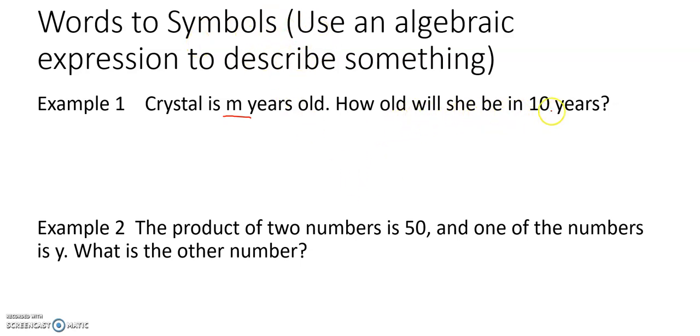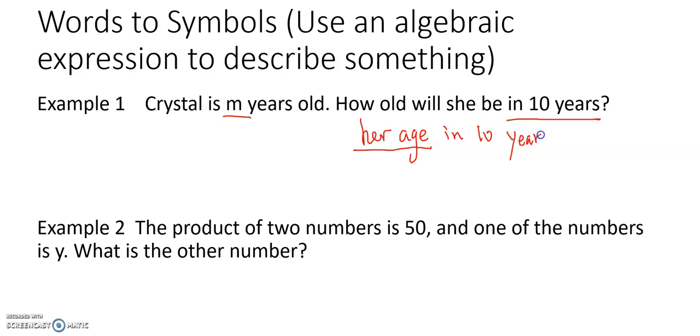How old will she be in 10 years? So notice the question asks her age in 10 years. Her age. Remember, her age is just going to be a number.